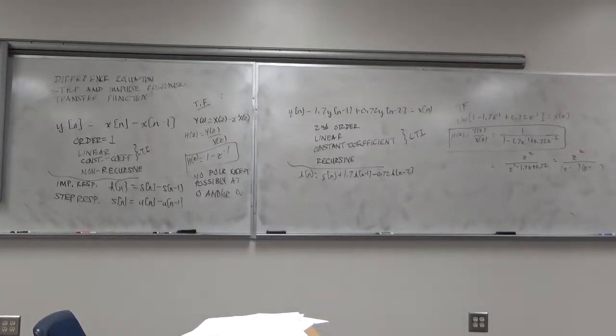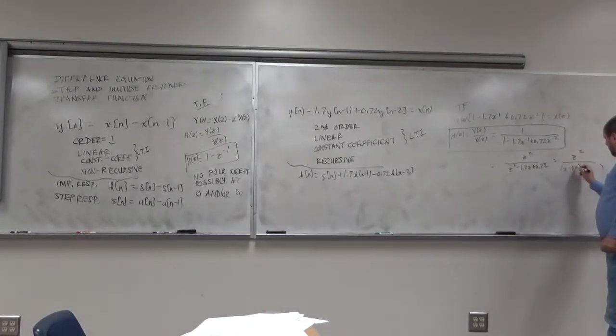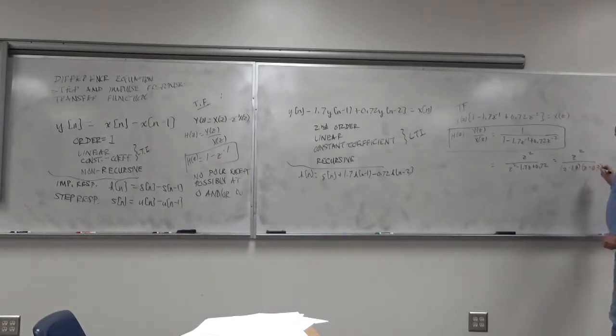Need two numbers that add up to 1.7 and their product is 0.72. 0.9, 0.8, yeah. 0.8 and 0.9. Does that work? 0.8, 0.9 added together gives you 1.7, and 0.9 times 0.8 gives you 0.72.